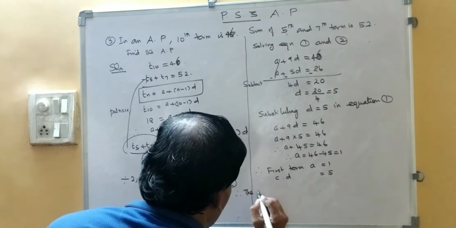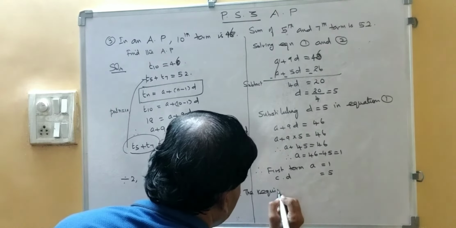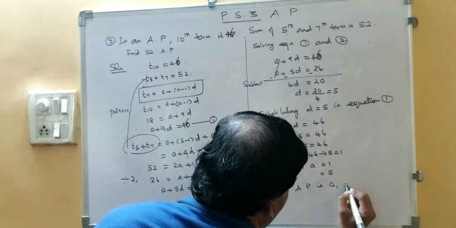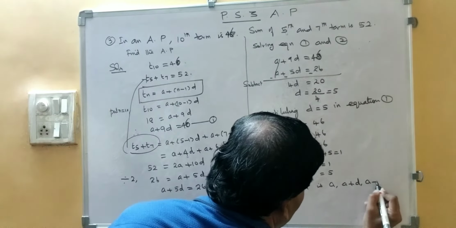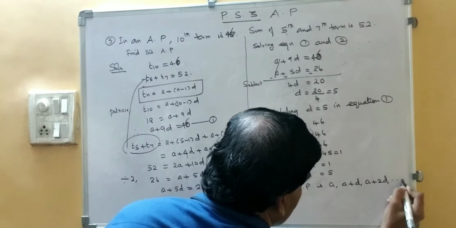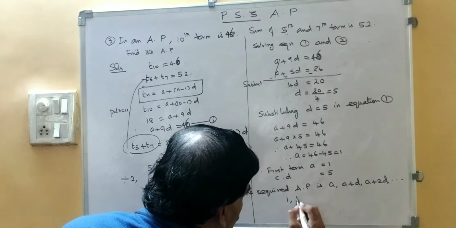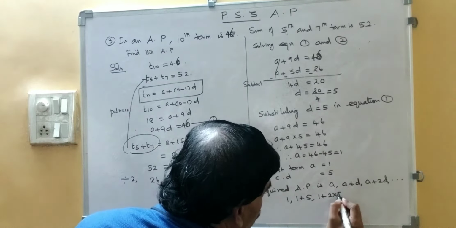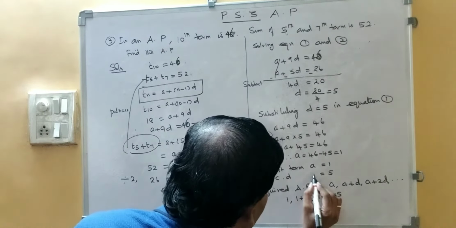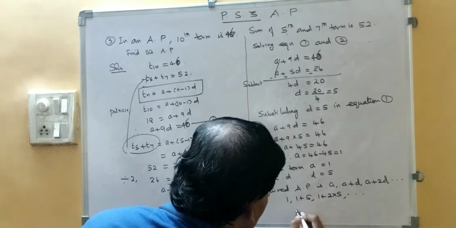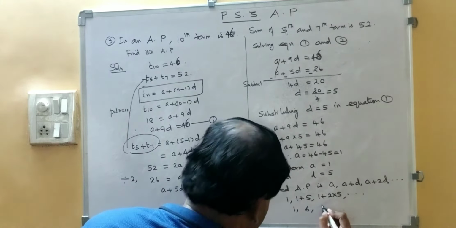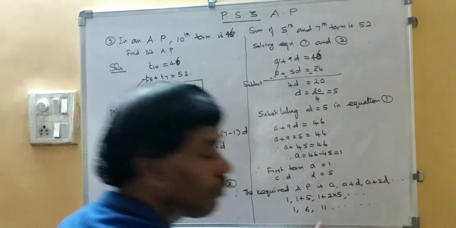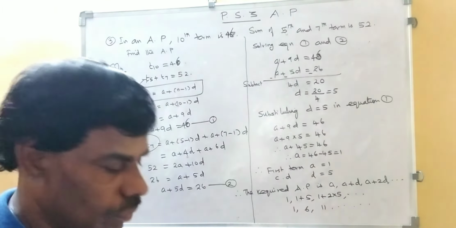Therefore, the required AP is A plus D, A plus 2D, etc. So, what is that? 1, 1 plus 5, 1 plus 2 into 5, etc. So, 1, 6, 11, etc. That's all.